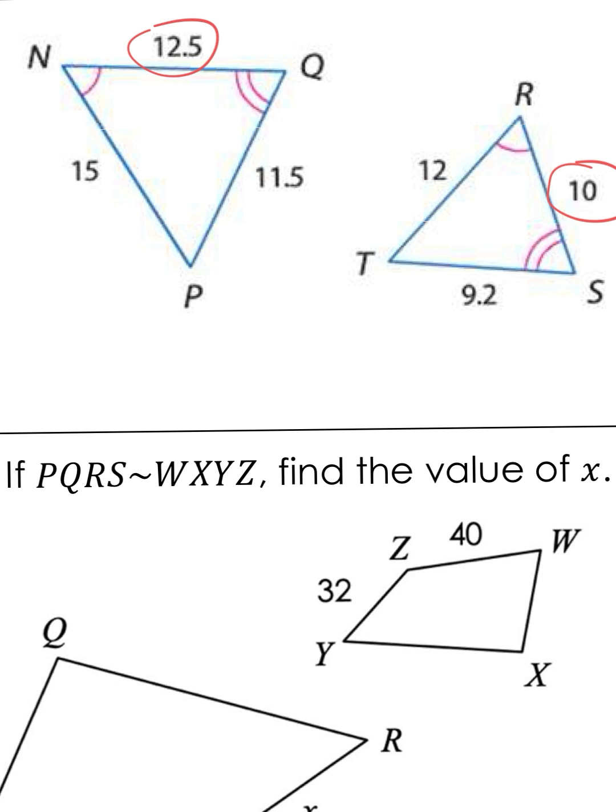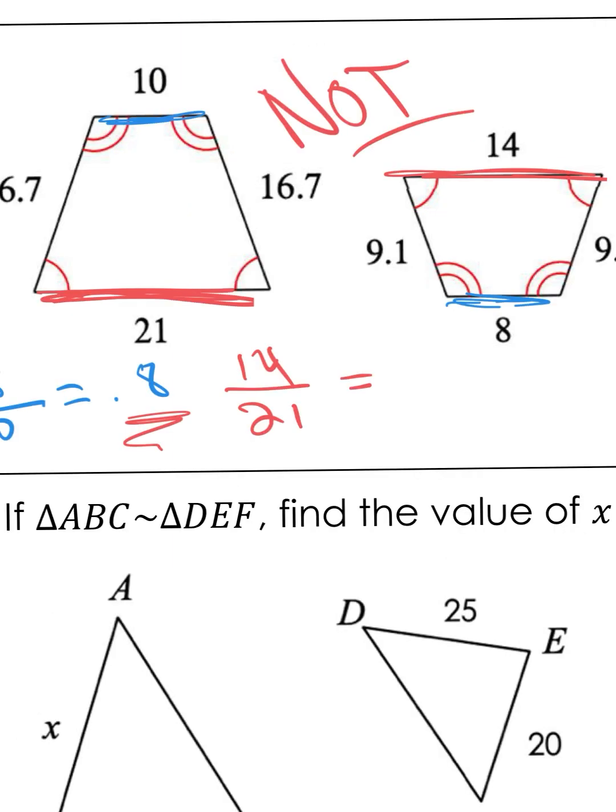So 12.5 and 10 are related. Those are corresponding sides. If I put that as a ratio, 12.5 to 10, in my calculator, I'm probably going to get about 0.8. So let's put that in our calculator real quick and see what we get. There we go.